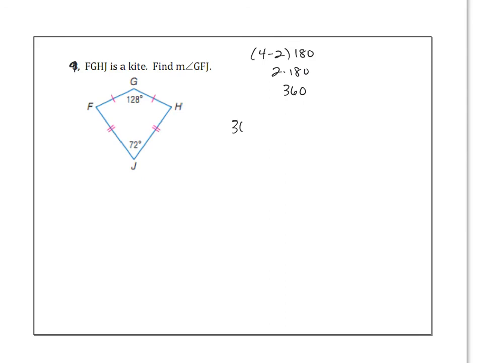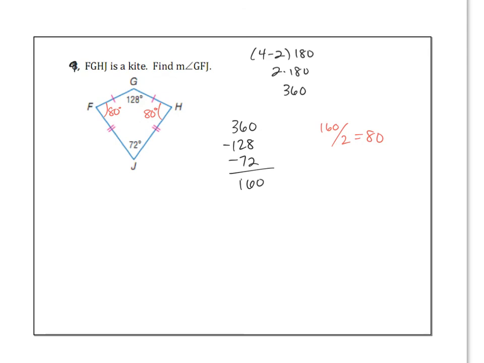So if I take 360 and I minus out the 128 and the 72, then we are left with 160. And so angles F and H are the two angles that will be congruent in the kite. So if we take the 160 and cut it in half, we get 80. So angle F is 80 degrees and angle H is 80 degrees.